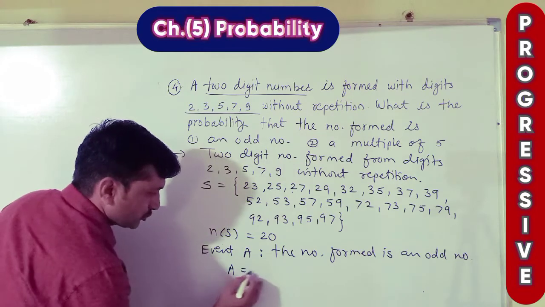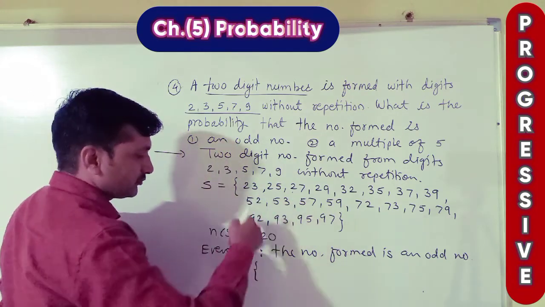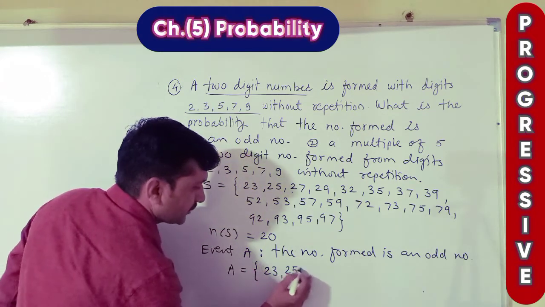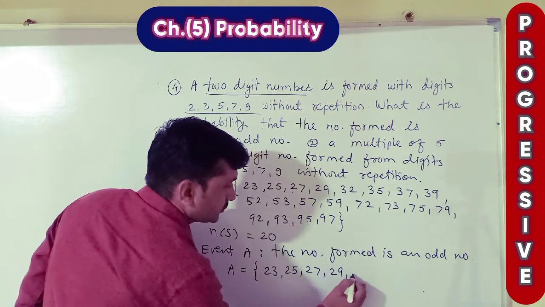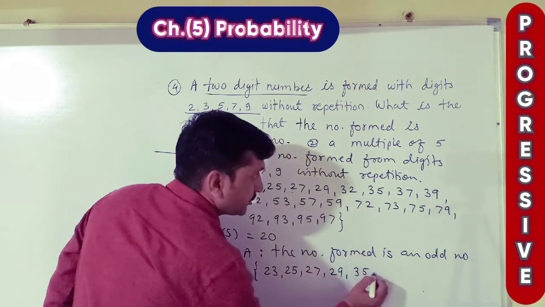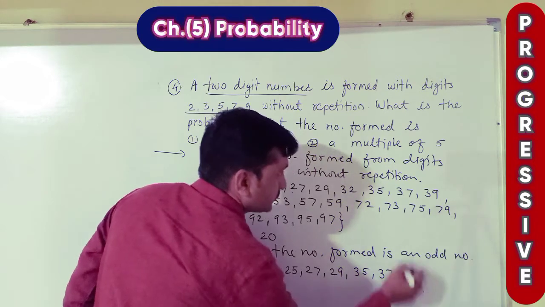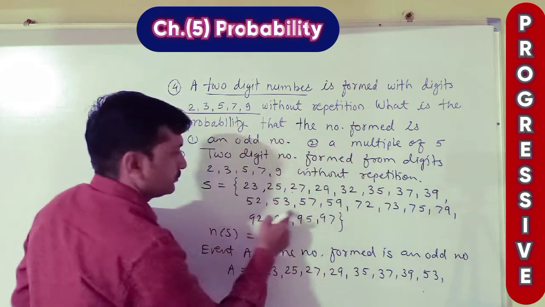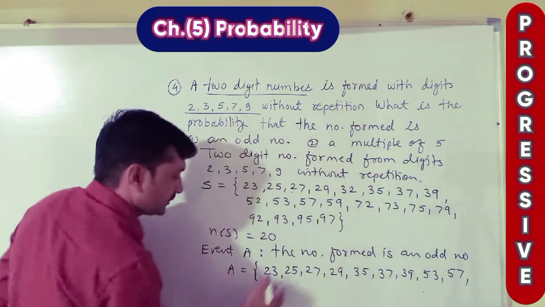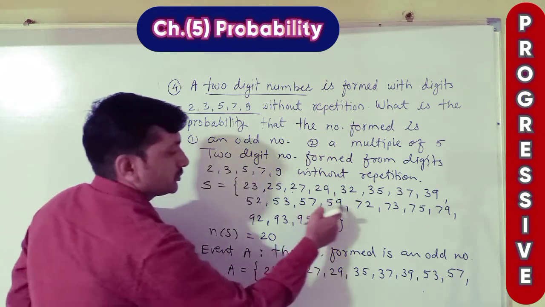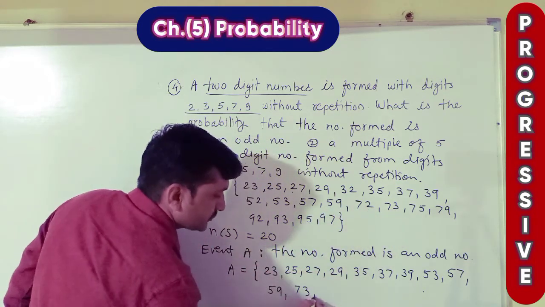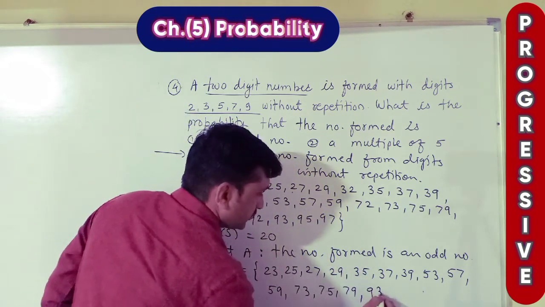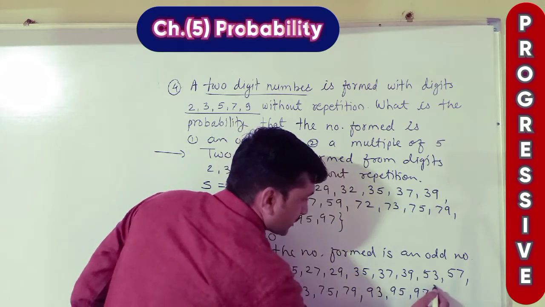Therefore A is equal to, in bracket, now from the sample space find out odd numbers. 23 is odd, 25, 27, 29, 32 even, 35, 37, 39, 52 even, 53, 57, 59, 72 even, 73, 75, 79, 92 even, 93, 95, 97, bracket close.